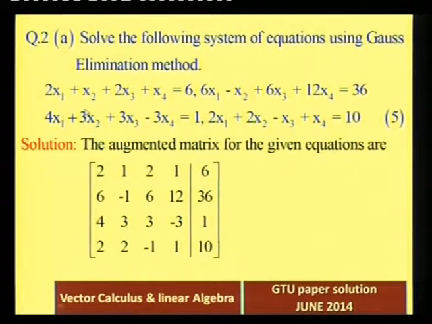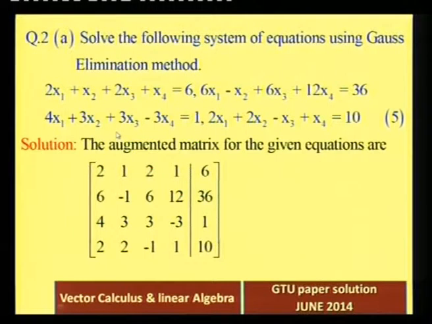The four equations are: 2x1 plus x2 plus 2x3 plus x4 is equal to 6, 6x1 minus x2 plus 6x3 plus 12x4 is equal to 36, 4x1 plus 3x2 plus 3x3 minus 3x4 is equal to 1, and 2x1 plus 2x2 minus x3 plus x4 is equal to 10. This question was asked for 5 marks in this question paper.